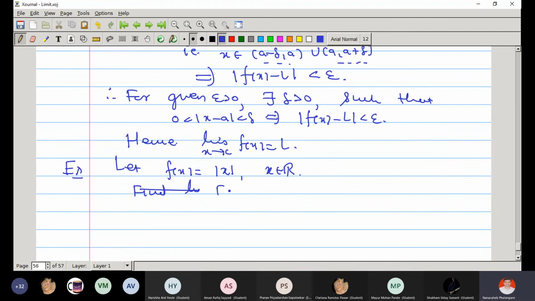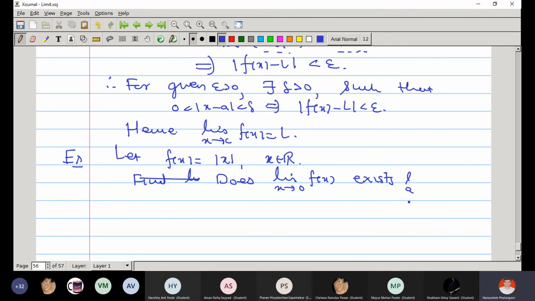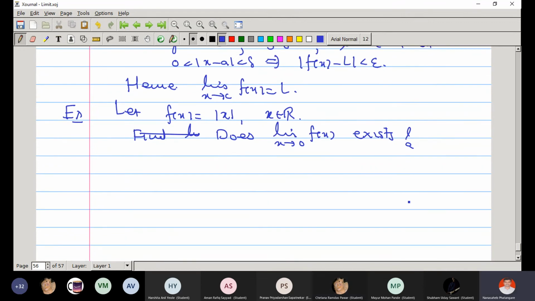Okay, so does the limit as x tends to 0 of f(x) exist? Does this limit exist? My function is f(x) equal to the absolute value of x. Does the limit of this function exist? Yes, sir.